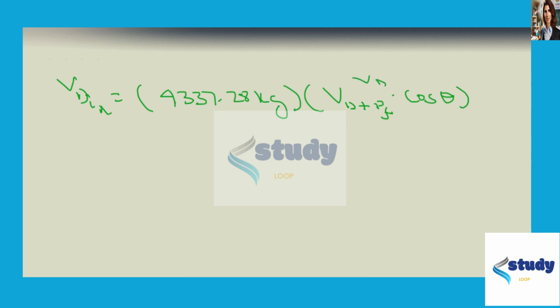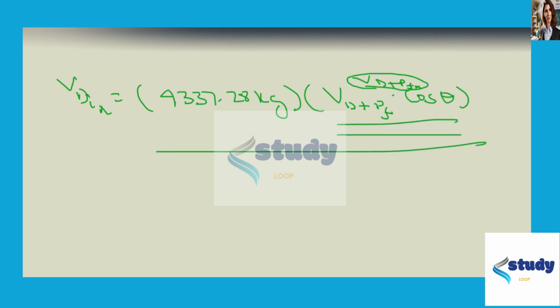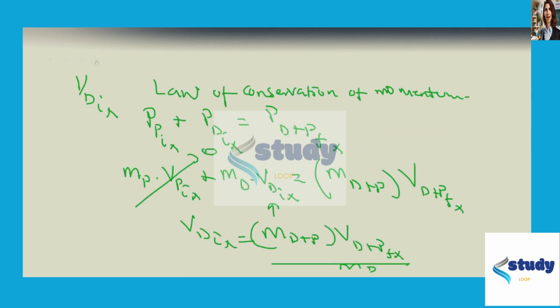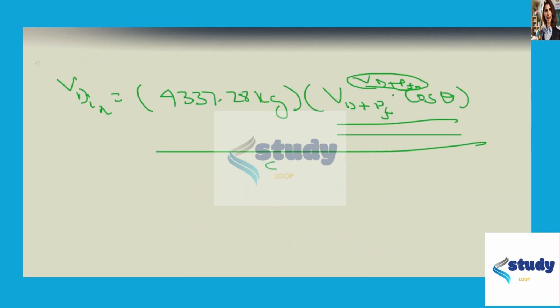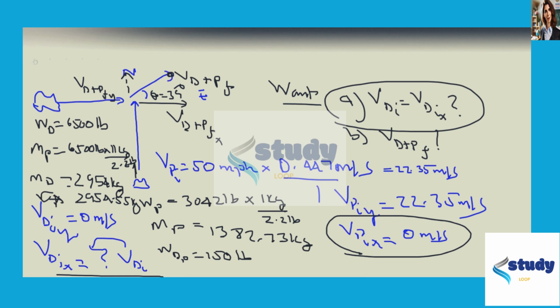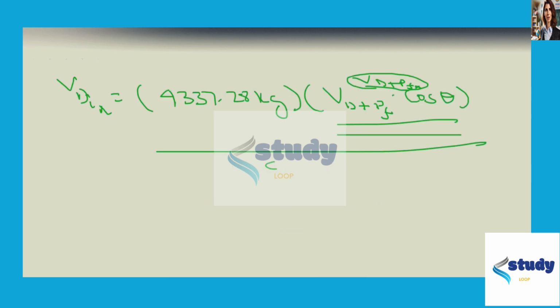This is the same as the final velocity of the Durango and the Prius in the x. That's what this whole thing is equivalent to. And then we divide that by the mass of the Durango, which is 2954.55 kilograms.